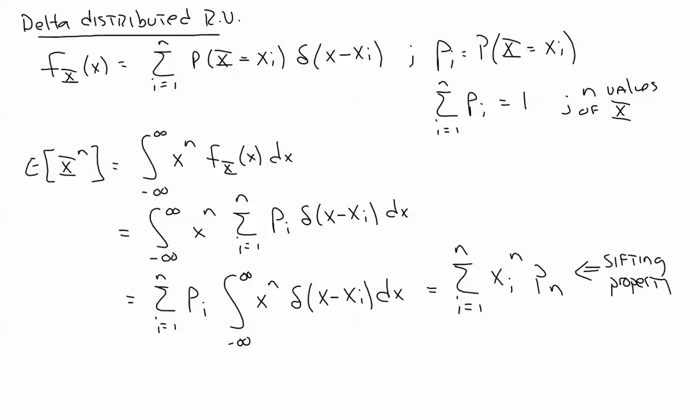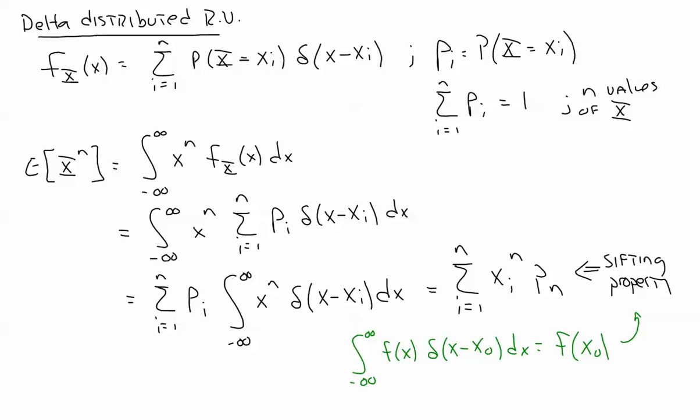Hopefully you're familiar with that. Let me write it down here. The integral of f of x times delta of x minus x naught dx is just f evaluated at x naught. That's the sifting property of a delta function. And that is what I've applied to get my last result.